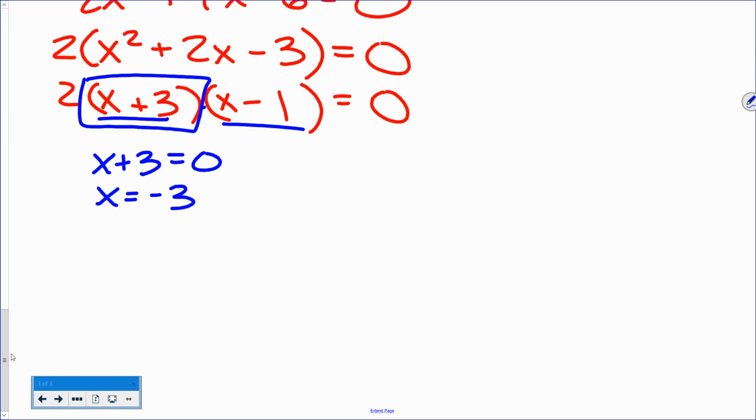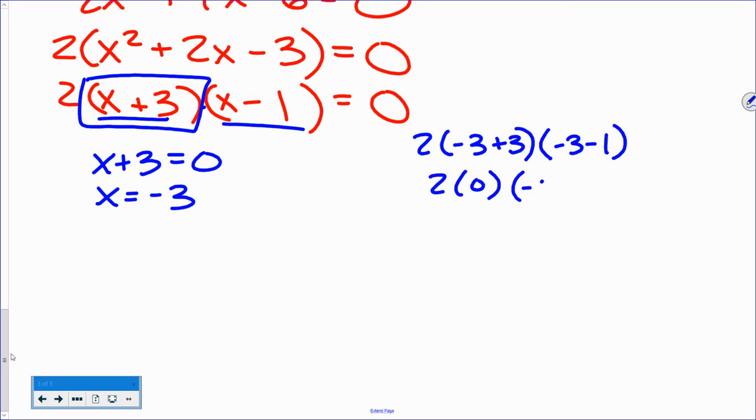Would that make sense? If I take -3 plus 3 times -3 minus 1, I just replace the x values with this. That would be 2 times 0. Doesn't matter what it is. If it's 0, it's going to make everything else equal 0. So that would make it true.